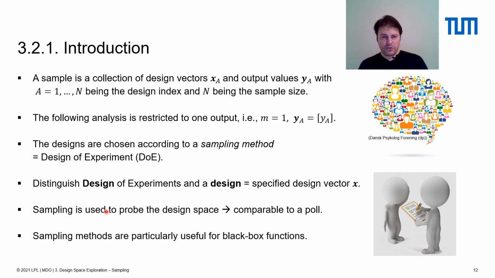So sampling is used to probe the design space. You can really think of it like each design as a little scout that goes there and sees and checks what function value will be produced. Or you can think of it as a poll, like a political poll. When you would like to forecast what party will be elected in the next election, you can randomly call people and ask them who they would vote for.